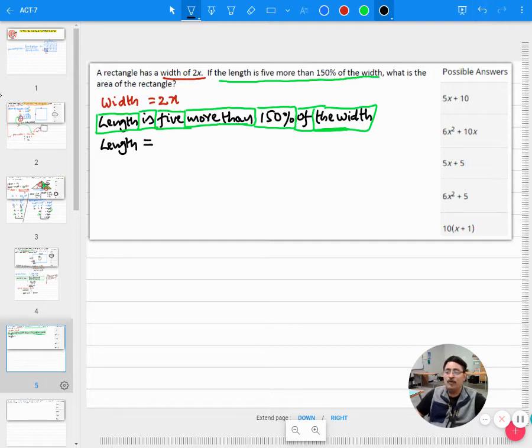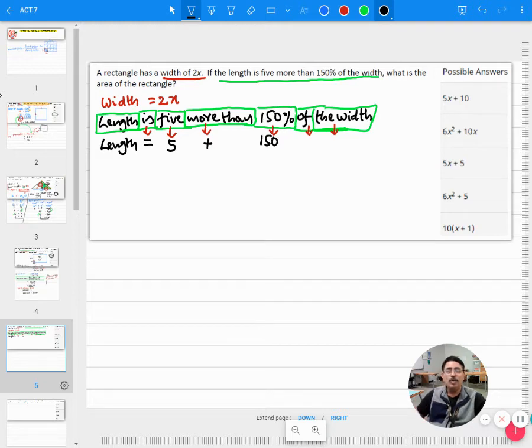Again I'm repeating, is means it is equal to. So if you take each and every part one after the other, 5 more means, is it plus or minus? It is plus.